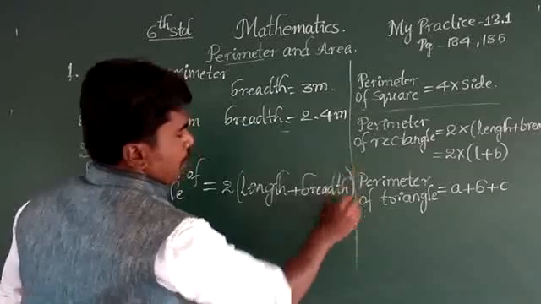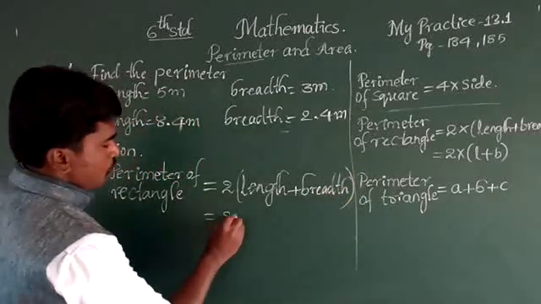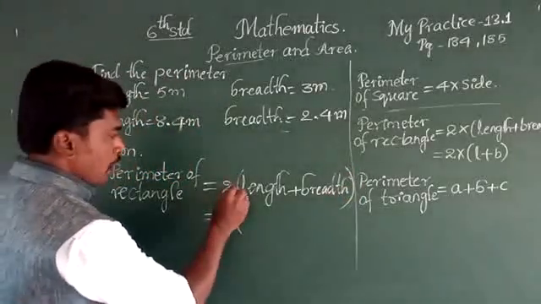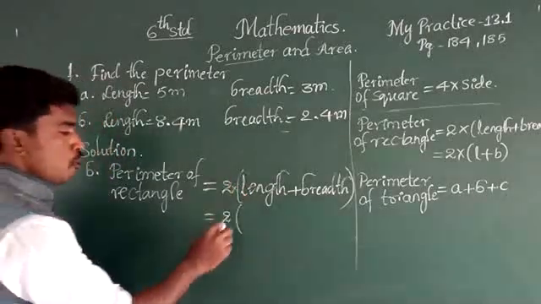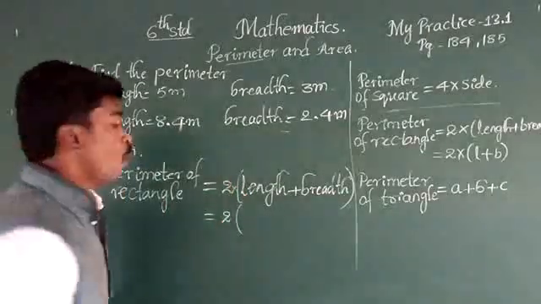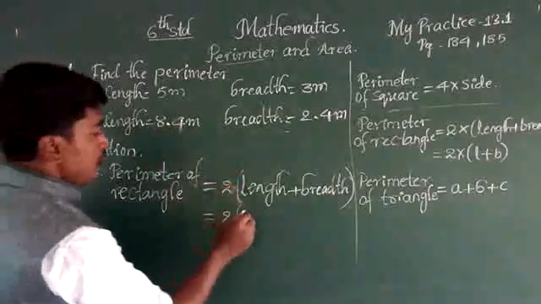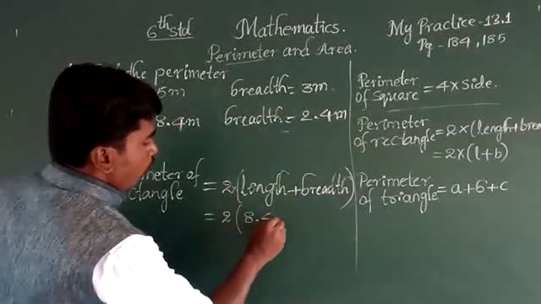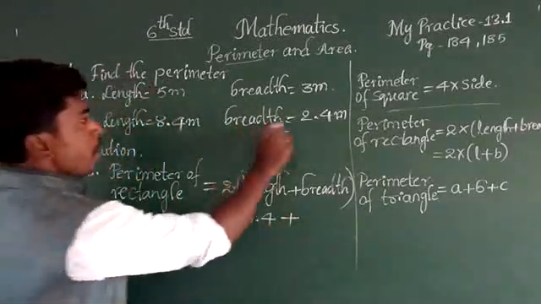Substitute the values. 2 into, if you put into also same, if you do not put also, it is understood, it is into only. What is the length here? It is 8.4 plus, what is the breadth here?